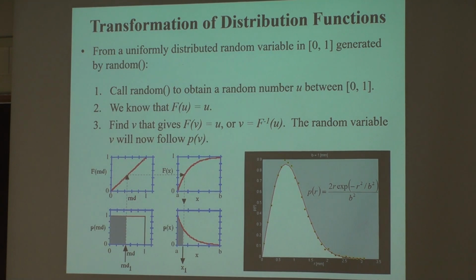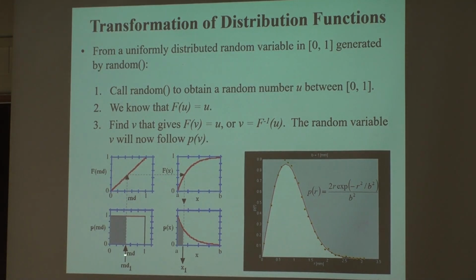In this mapping, this one doesn't even have to be uniform; it can be anything. You generate a random number following any distribution. Once you have its probability density function and F(V), to transfer it to another random variable, you just go through the process. That's it. It doesn't need to be uniformly distributed; it's just more convenient.